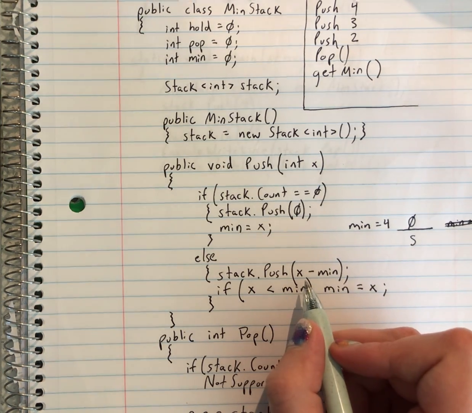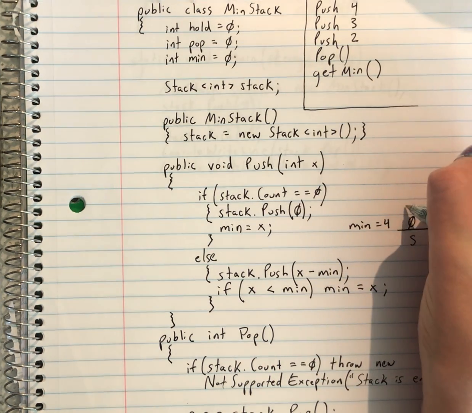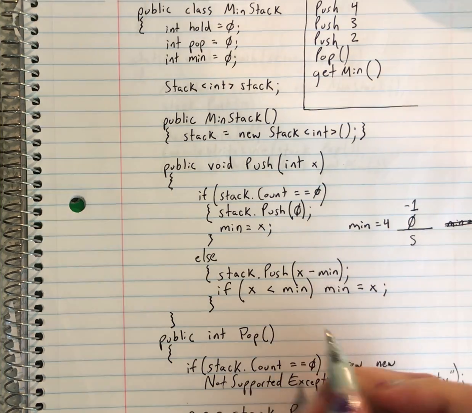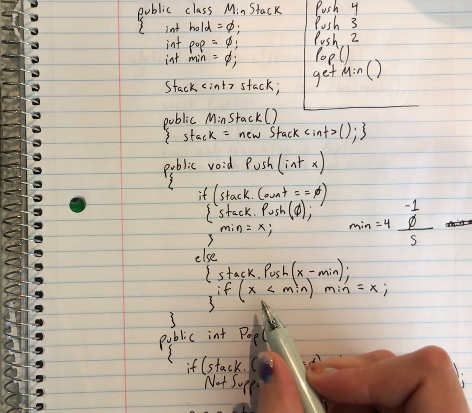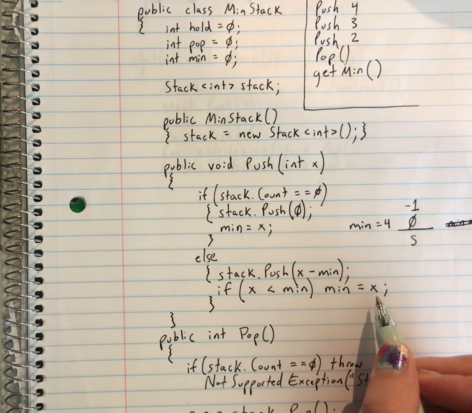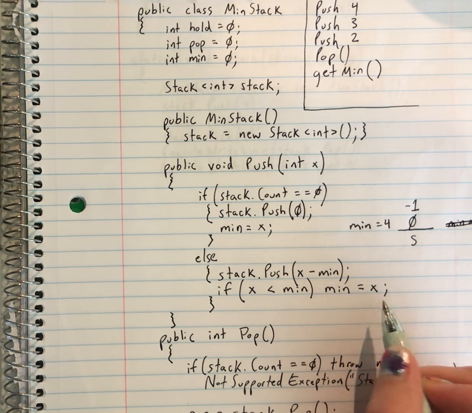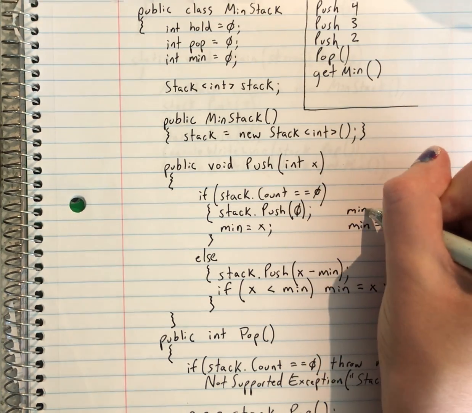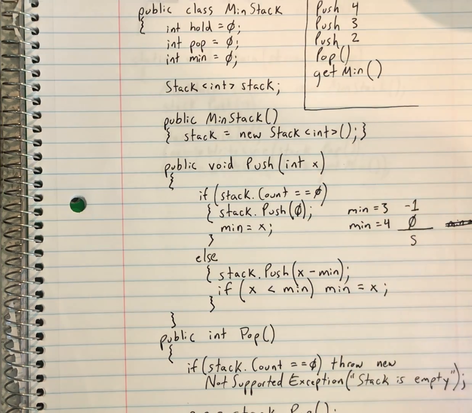So we're pushing 3 minus 4, which is -1, into the stack. If 3 is less than 4, then the min is now equal to 3. So min now equals 3.